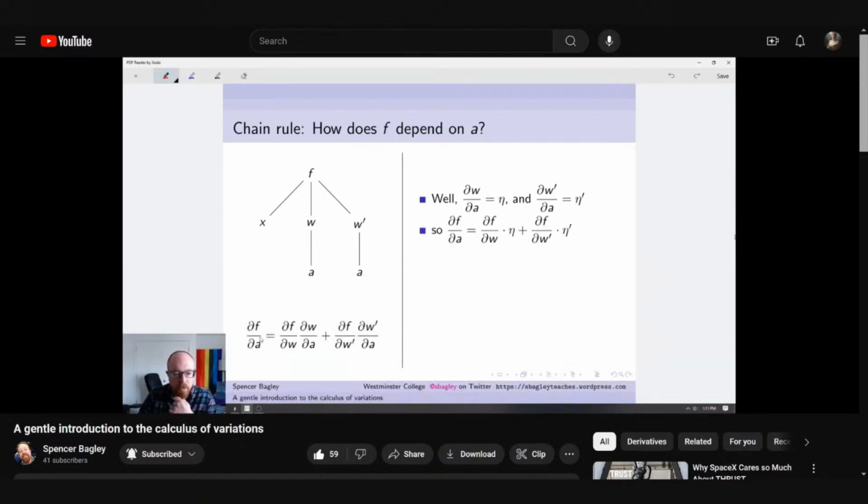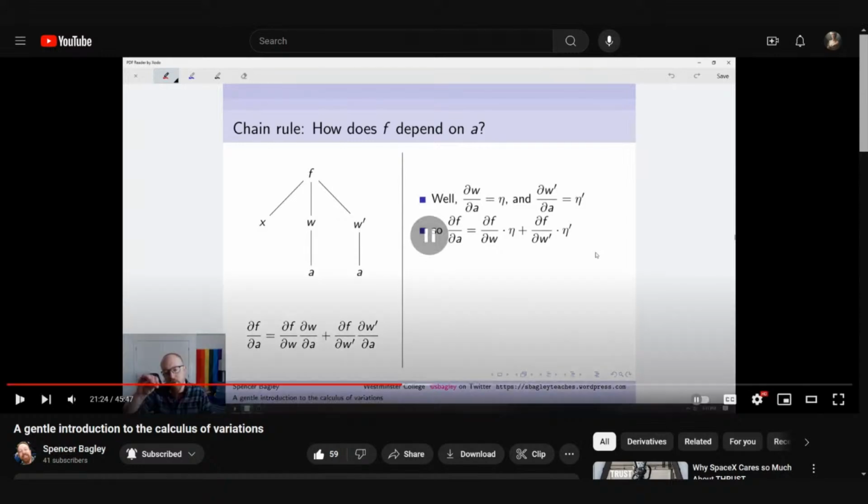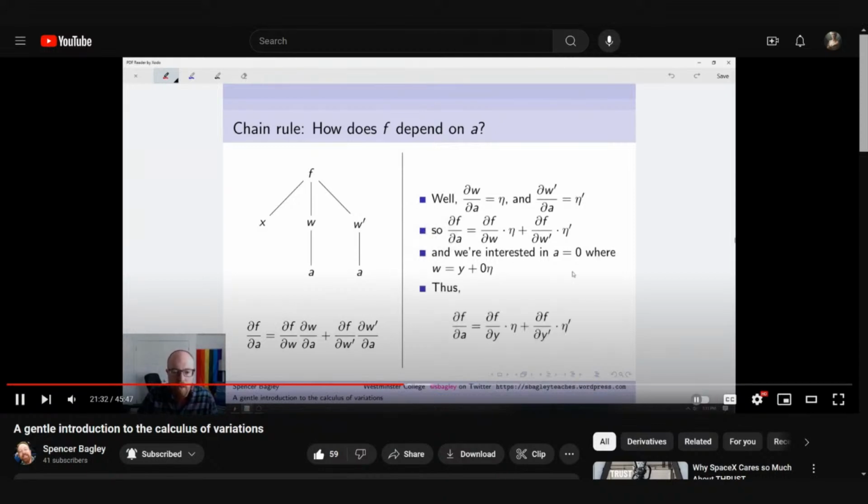And we're interested in a equals 0, where w equals y plus 0 times eta. Yes, w is just y because a is 0, so the a eta term goes away. So all that's left is w equals y.